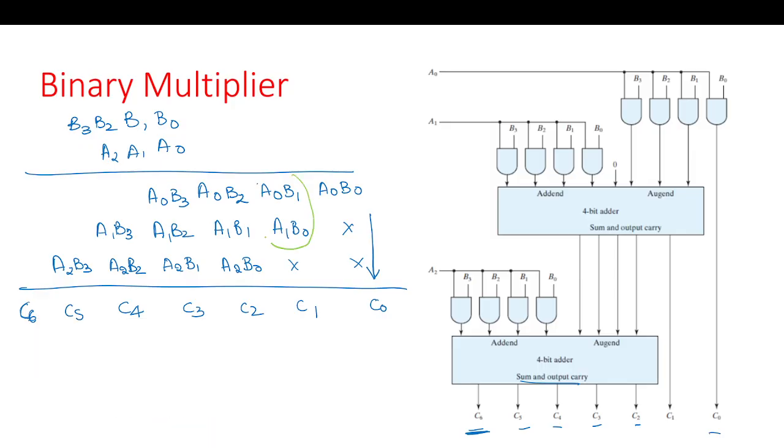Here we need a half adder. This carry will come here. We need a full adder and the carry with this full adder. This carry and this term will go to a full adder. Next, we will take this and this sum, and apply this and this sum.